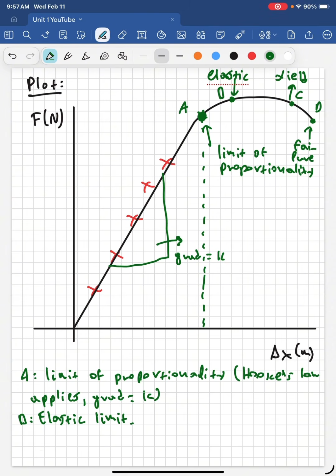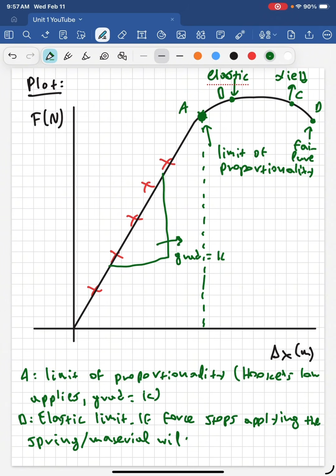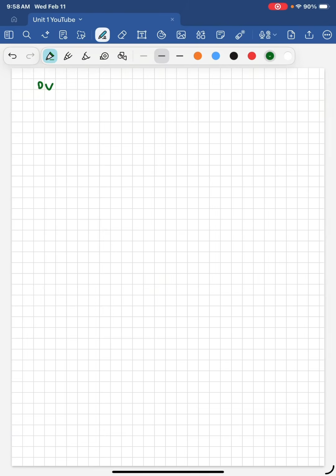If the force stops applying, the spring or material will return to its original position. This is what elastic limit means.